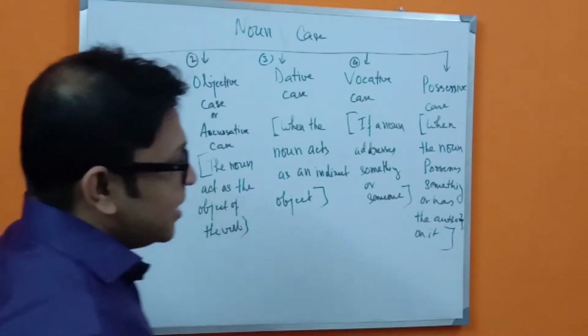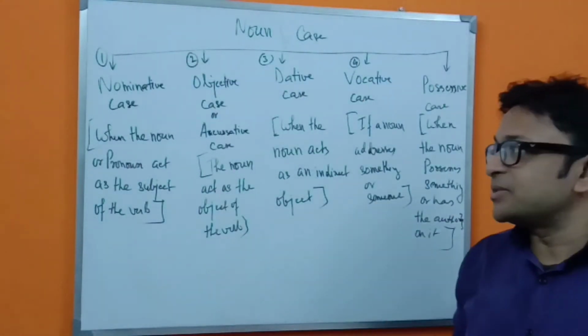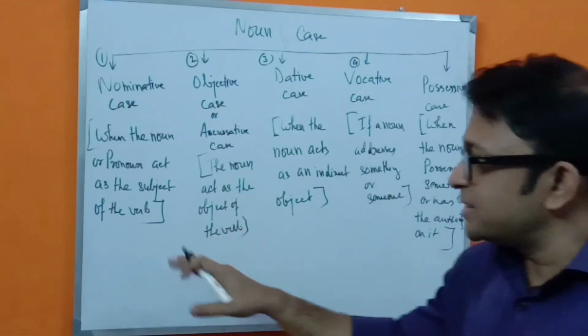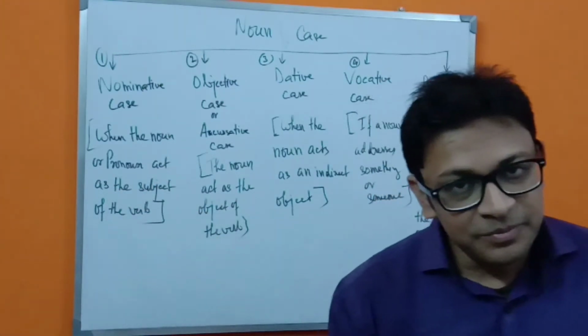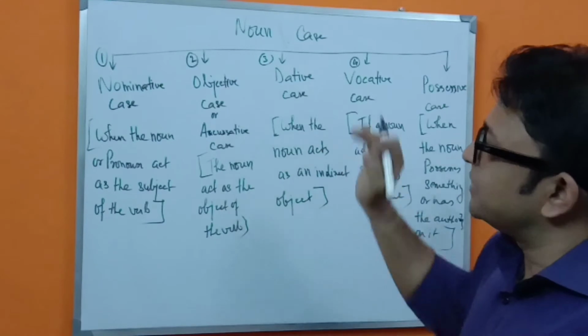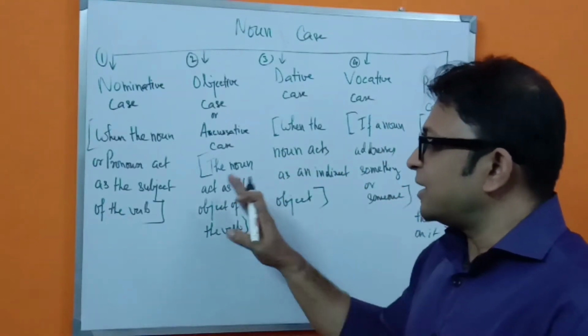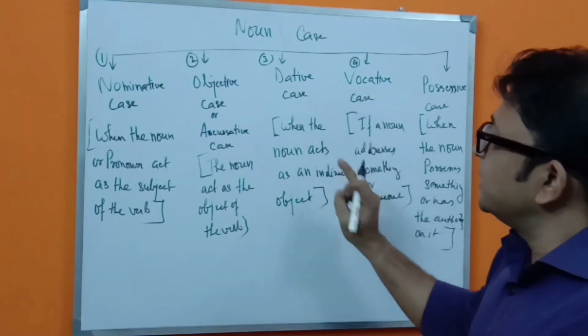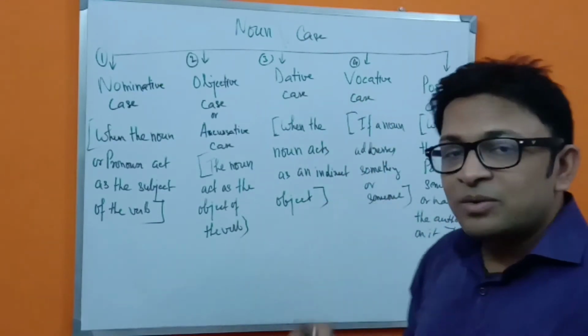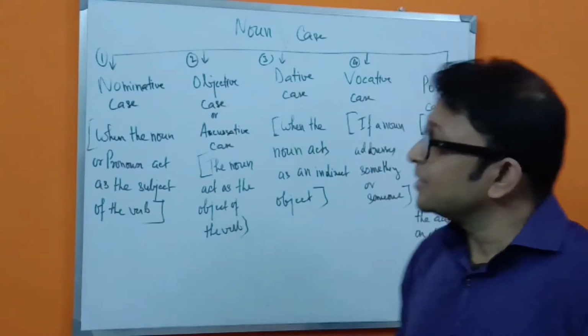So therefore, what we have understood by this: nominative case means when the noun or the pronoun acts as the subject of the verb. In the objective case or accusative case, the noun acts as the object of the verb. Dative case, when the noun acts as an indirect object, not a direct object.